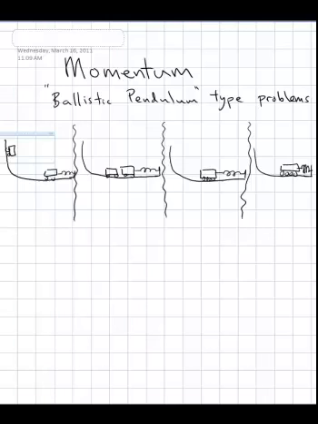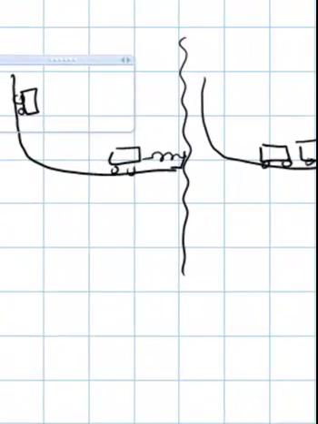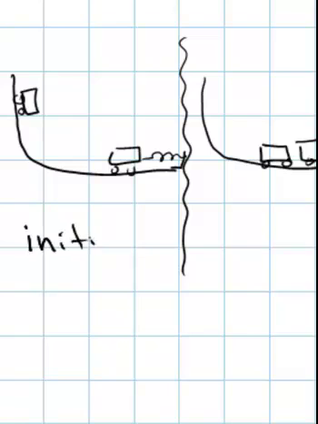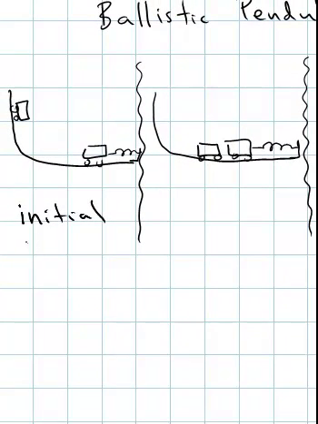So what I've done here, I've drawn 4 pictures. The first picture is my initial condition, the initial state of the system. I'm going to call that 1.